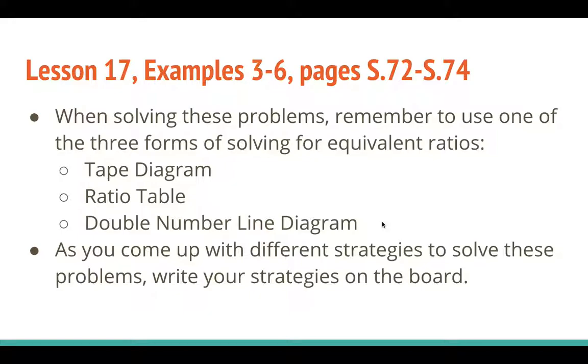As you come up with the different strategies to solve these problems, write your strategies on the board. Okay, I'm going to leave the board blank. You just go up and write down like number 3, I used a tape diagram. Do not solve the problem on the board because I want your classmates to come up with their own answers. Just show them different strategies.